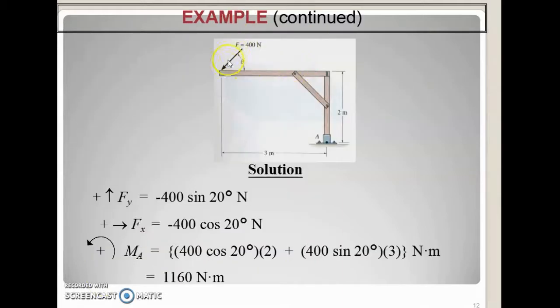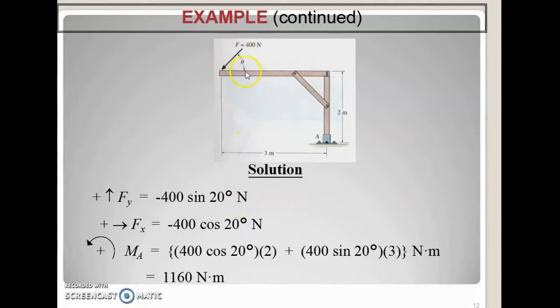If you resolve F into the Y component, let's set the upward direction as positive. When it is downward, the force is negative 400. Your theta is 20 degrees here, so it is sine 20. Fy is equal to negative 400 sine 20 degrees Newton.